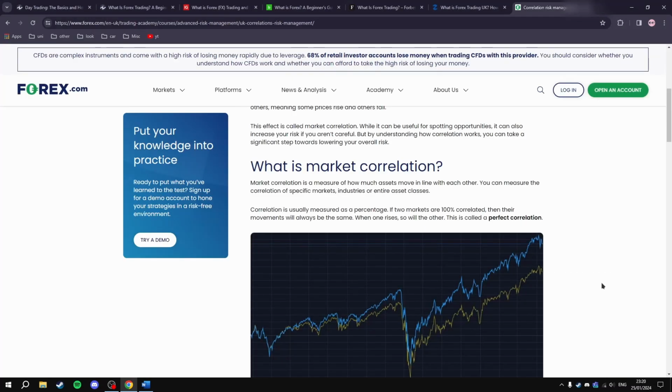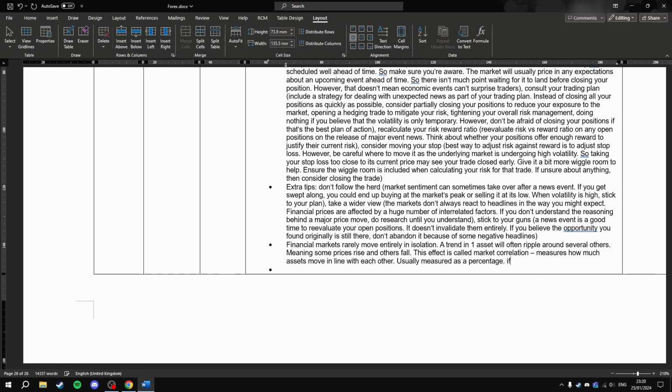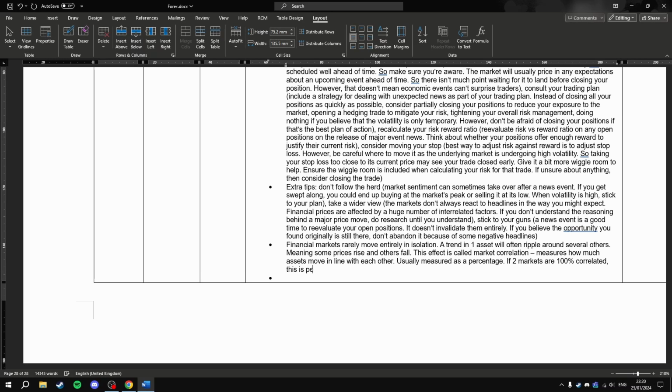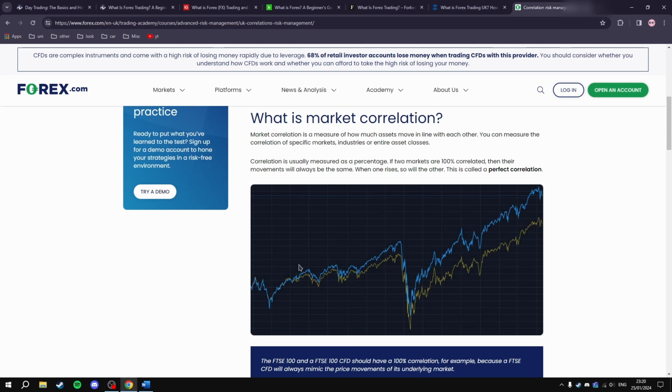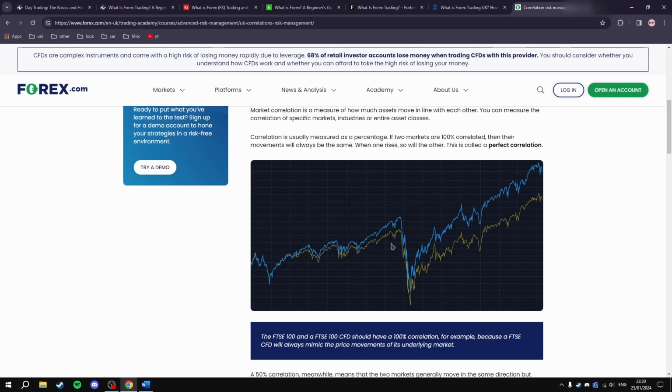If two markets are 100% correlated, then their movements will always be the same. When one rises, so will the other. This is called a perfect correlation. So we can see that the blue and the yellow move the same.